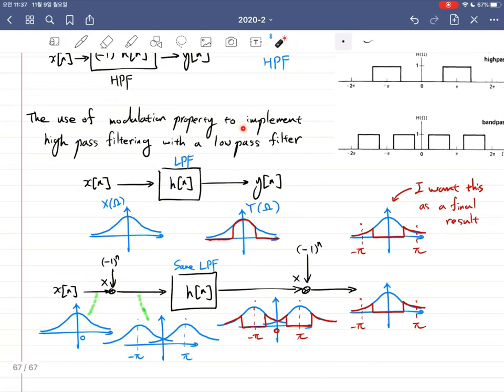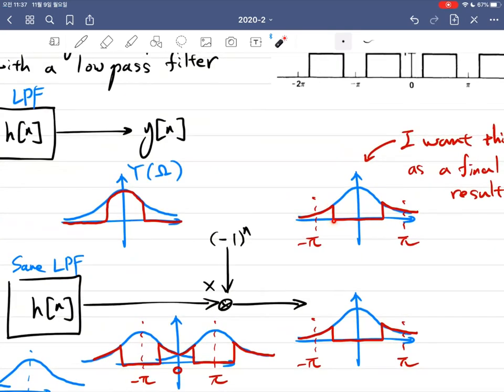I would like to have a high pass filter with the same low pass filter, which means I want this red line as the final result.